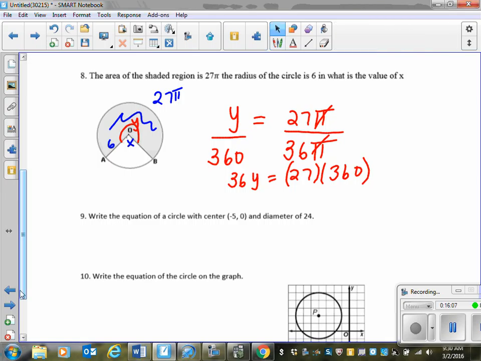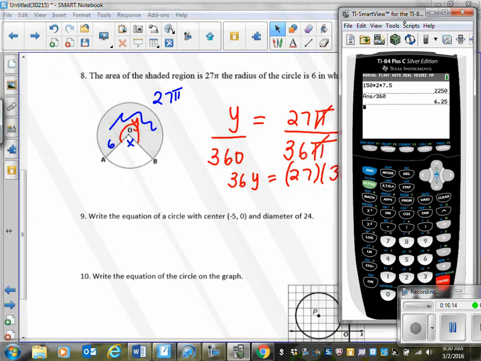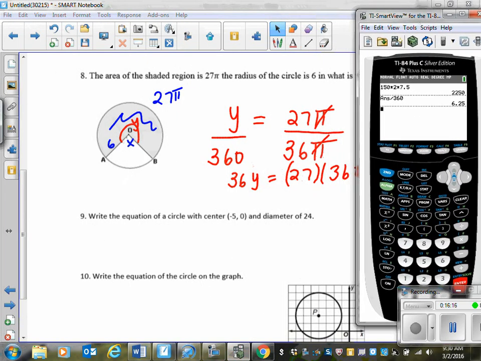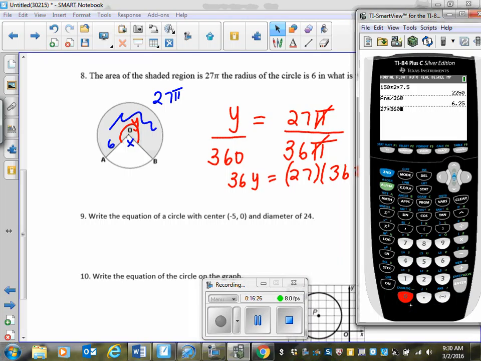Okay, so I'll just get my calculator out. So that you guys can see the number, all I have to do is 27 times 360, right? Oh, my 0 is here. It gives you this number.